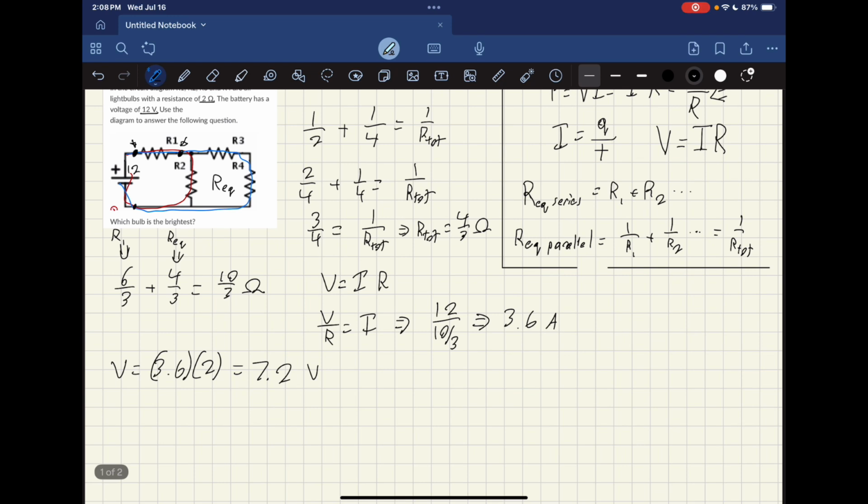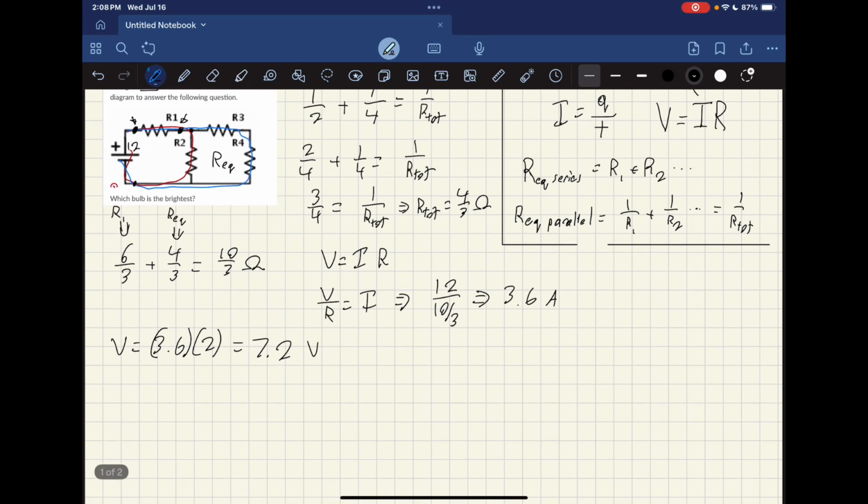So we know that we drop 7.2 volts across R1. So that means that from our initial 12 volts, we have 12 volts minus 7.2 is 4.8 volts remaining.